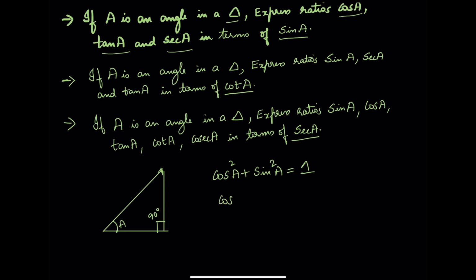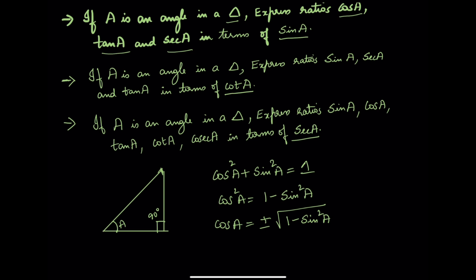So cos square A would be equal to 1 minus sine square A. Now cos A would be equal to plus or minus square root of 1 minus sine square A. Now we found what would be cos in terms of sine A values.